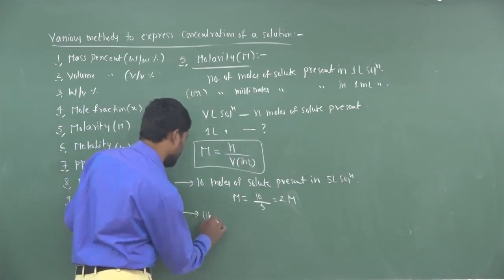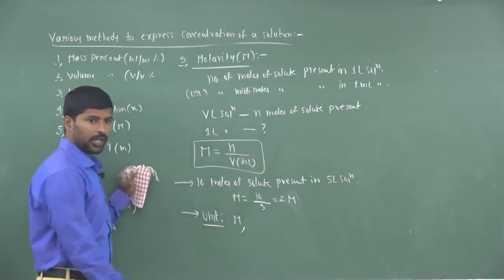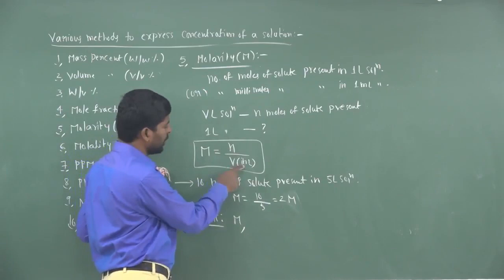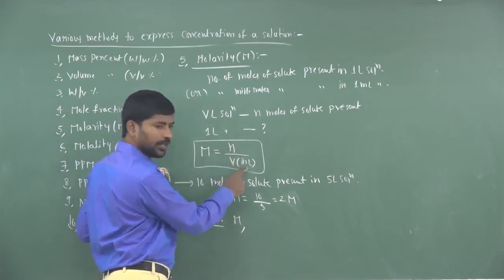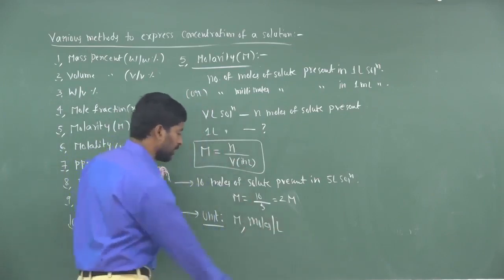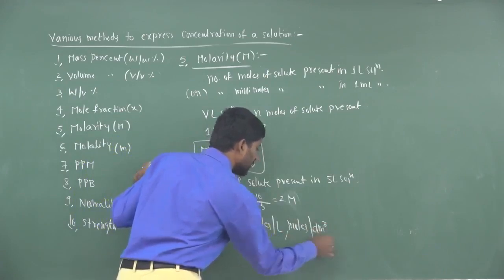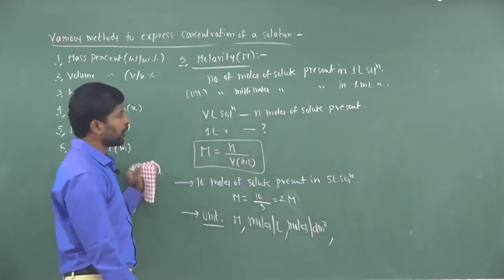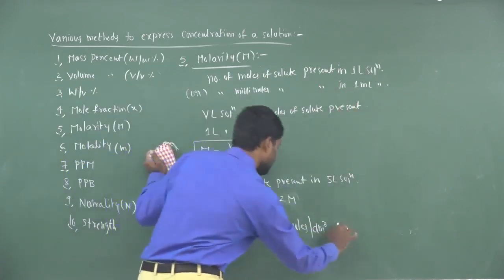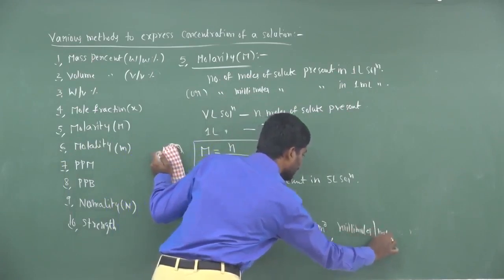What is the unit? Molarity we can represent by capital M. This is number of moles and volume in liters. So we get moles per liter, or moles per liter we can write as moles per decimeter cube, or number of millimoles of solute present in 1 ml solution, that is millimoles per ml.